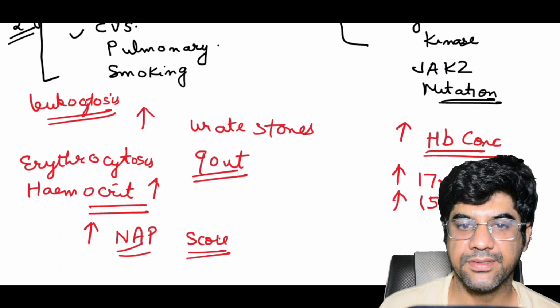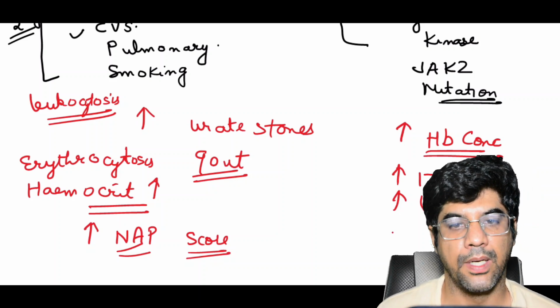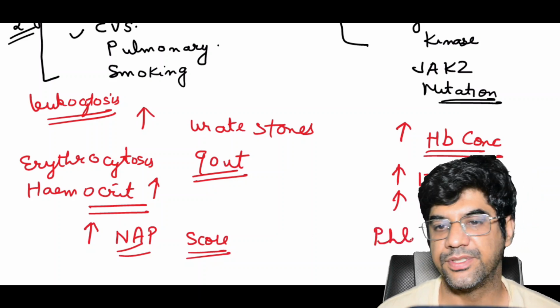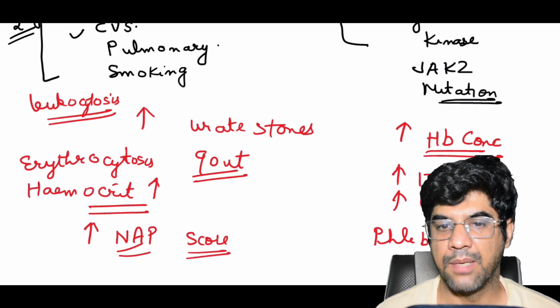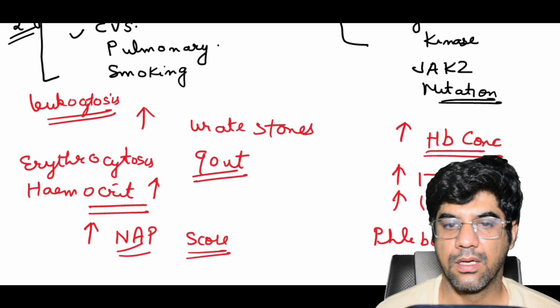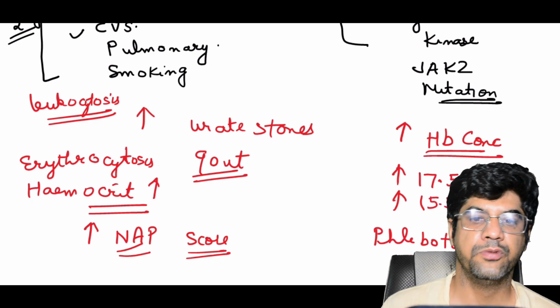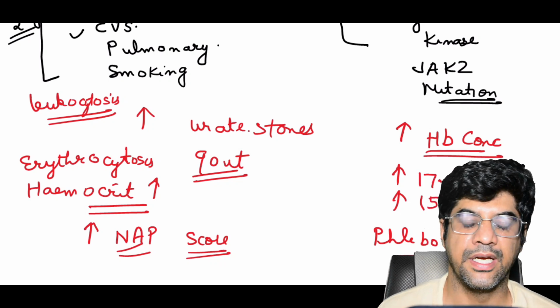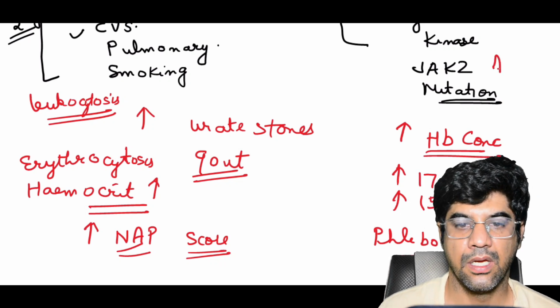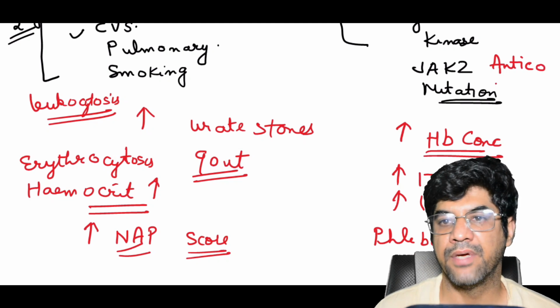So the treatment is to maintain the normal blood count and relieve the symptoms. Apart from that, phlebotomy can be done, that reduces the total blood cell mass and induces a state of iron deficiency. Anticoagulant therapy can be given.